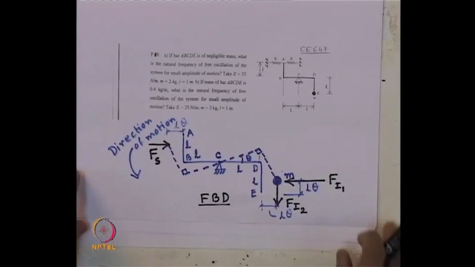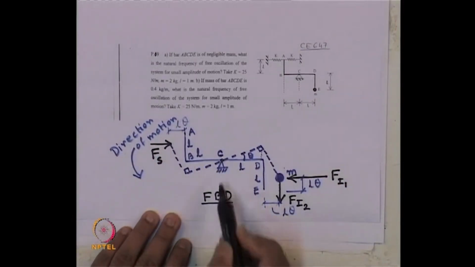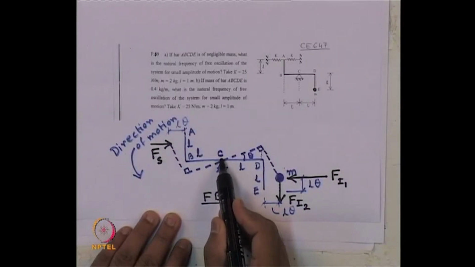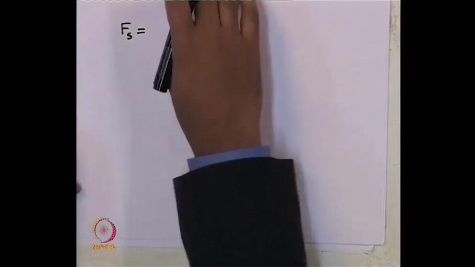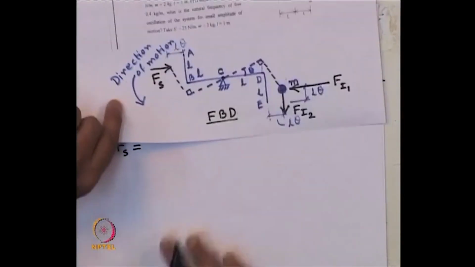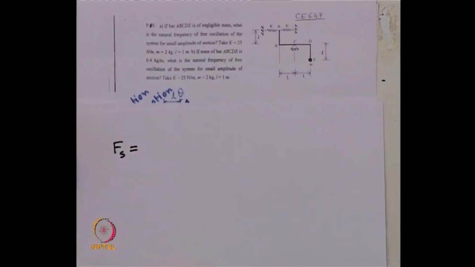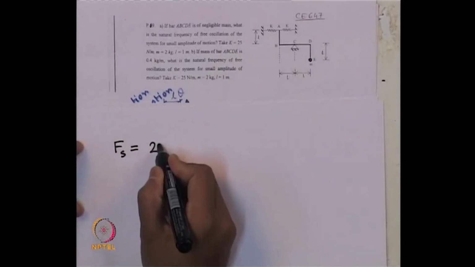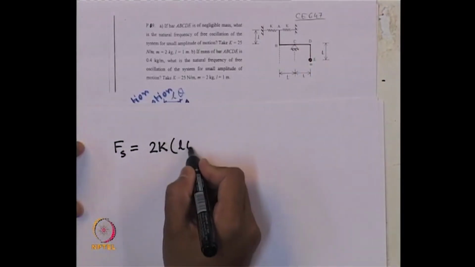Now, let us compute all these values, and then for equilibrium we have to take moment about this hinge point C. So, moment about point C should be 0. So, the spring force F s is how much? Let us look back at the problem. The spring force will be 2k times L theta.